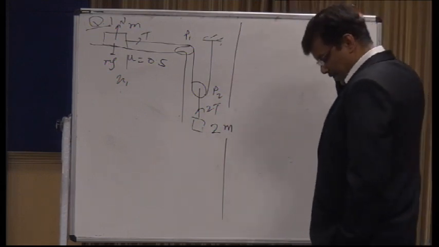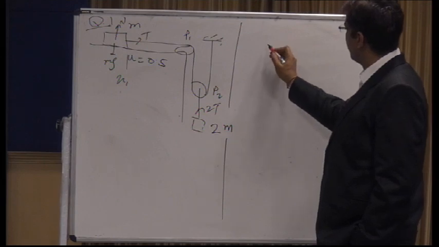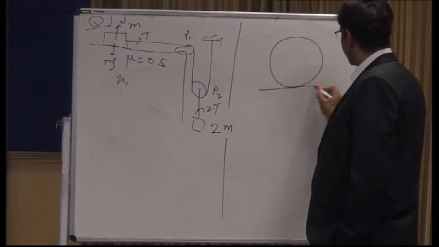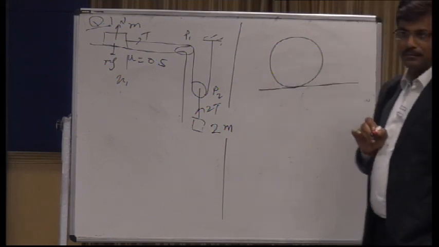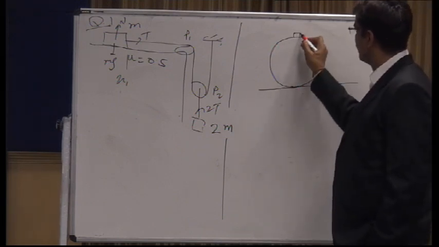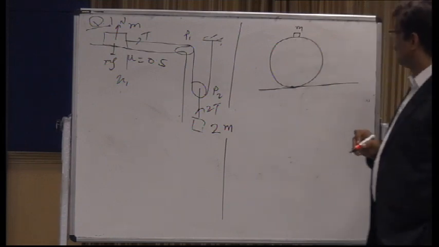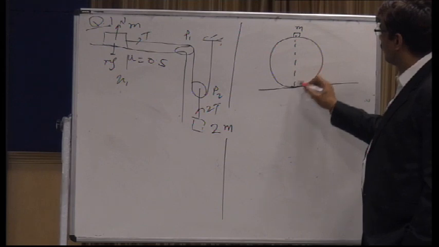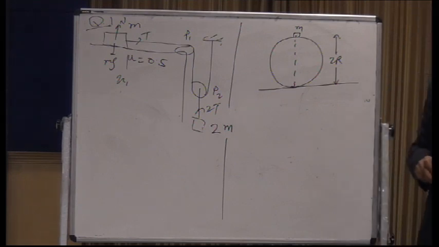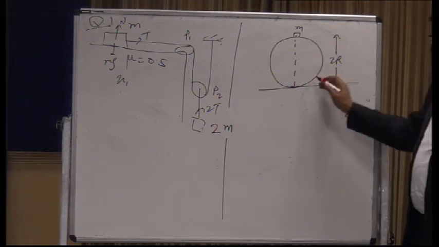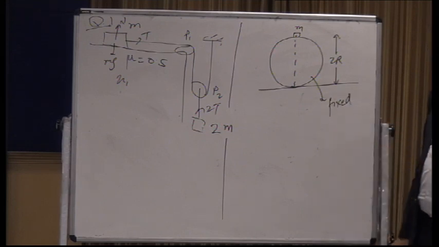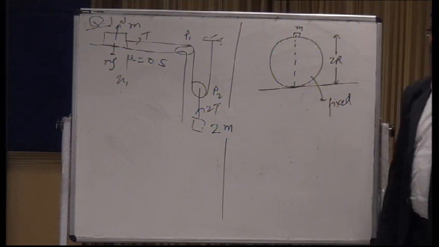There's a situation, children, here, and there is sphere of radius r, which is fixed. It is not moving. This sphere is fixed. And there is a mass m right at the top of this sphere.